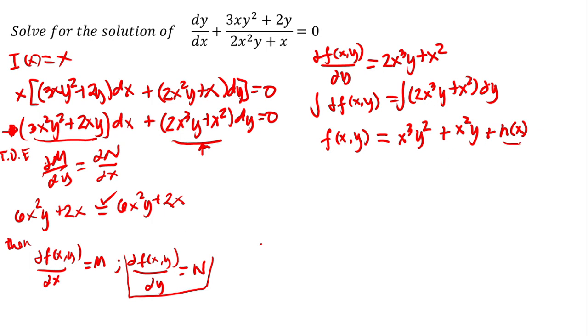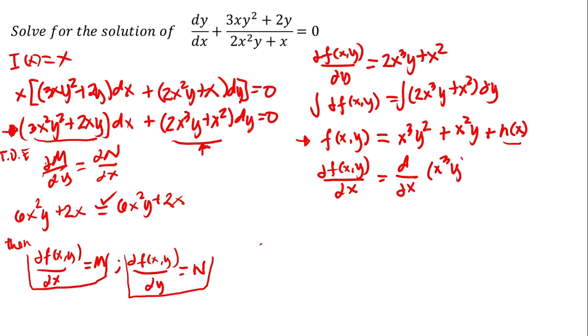To find the value of this h of x, we're going to use the first assumption. So we are going to partially differentiate this with respect to x. The partial derivative of f(x,y) with respect to x, then we also take the partial derivative of x cubed y squared plus x squared y plus h of x with respect to x.